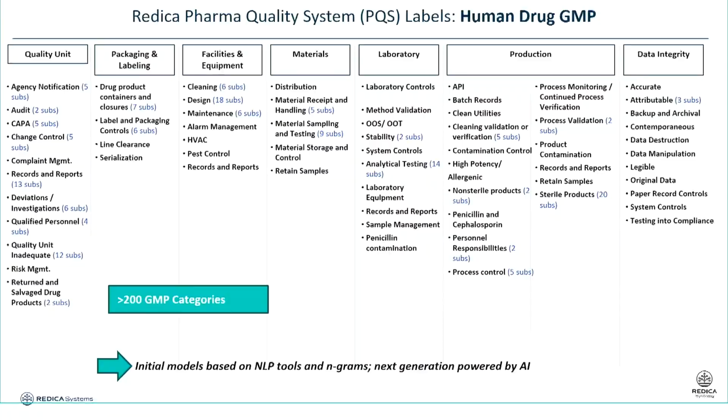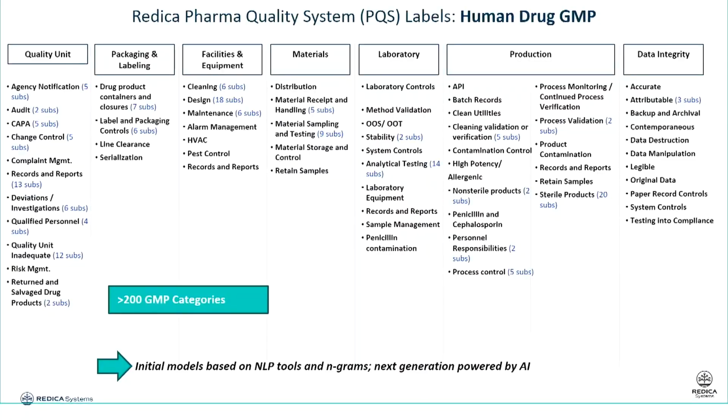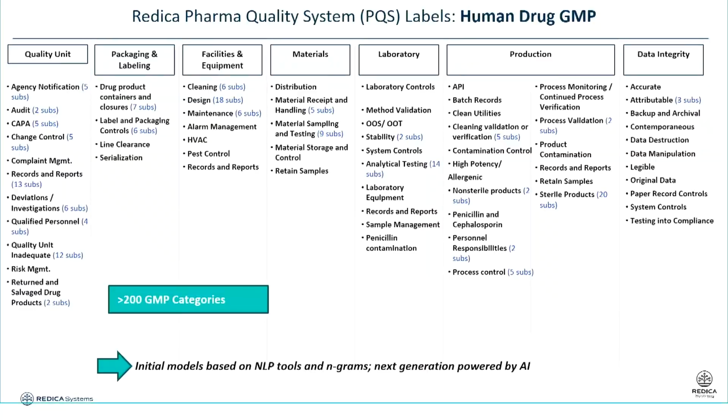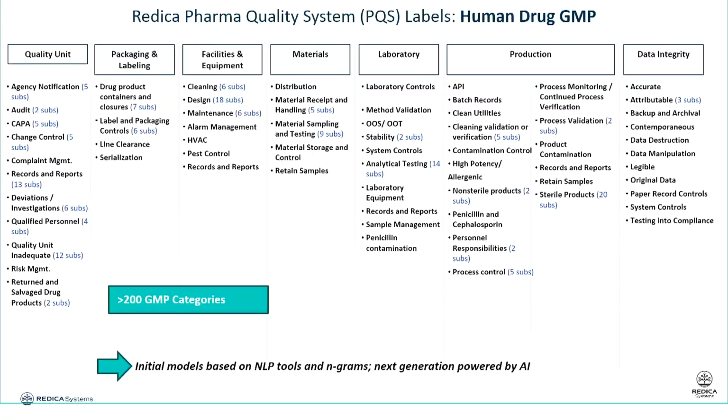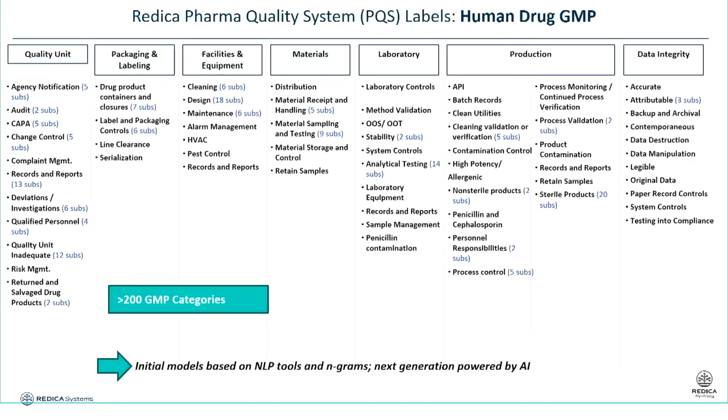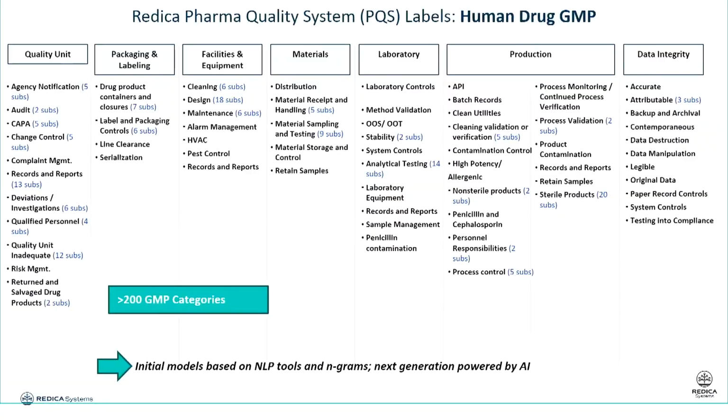So first, classification. This is our current human drugs GMP classification model for classifying inspection findings. I say current because just like CGMPs, this model changes as well. And so you can see that we have the 6 familiar quality systems plus data integrity. Kira gave a great talk on data governance and data integrity, which I appreciated hearing.